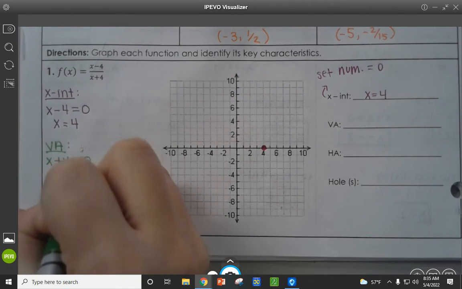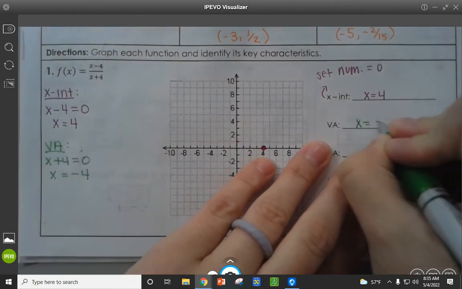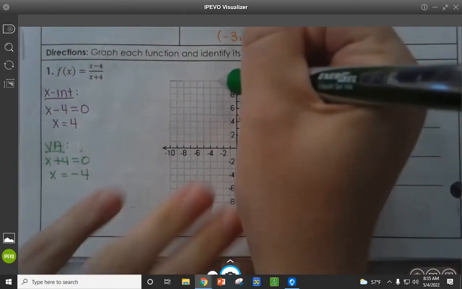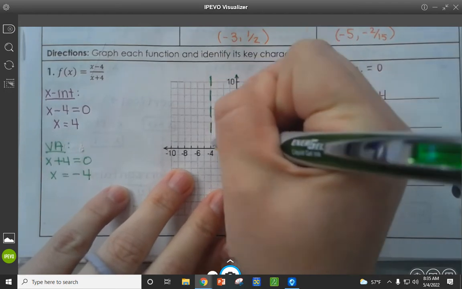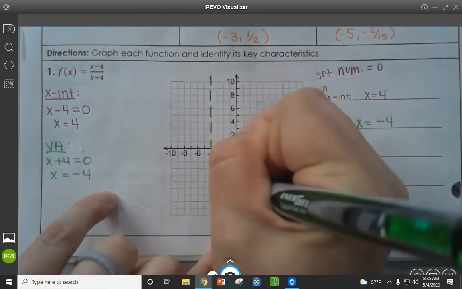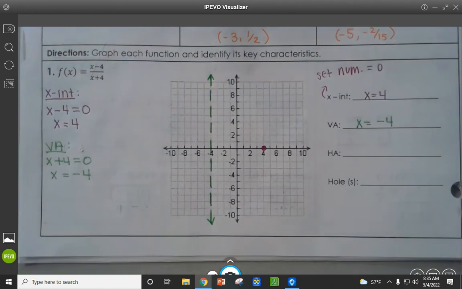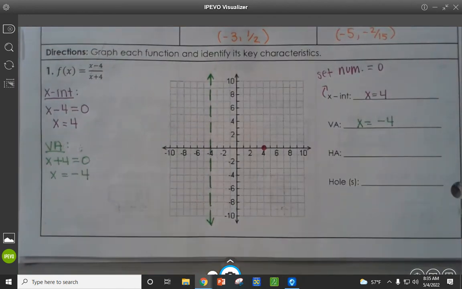So x equals -4. Now, vertical asymptotes are imaginary lines. So I'm going to put a dashed line going through -4. So my graph is never going to touch this green line.